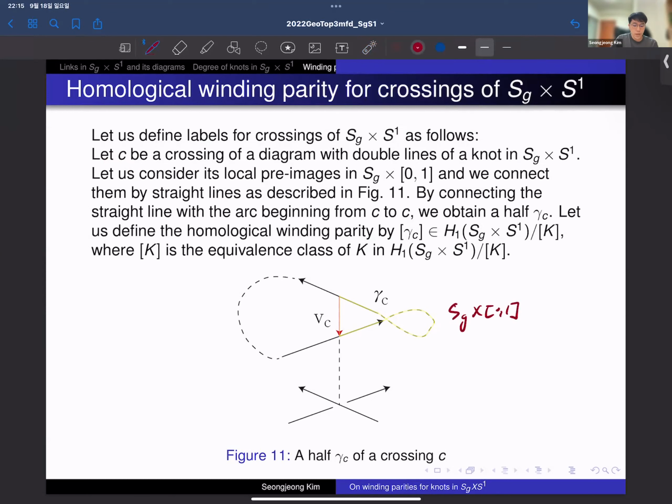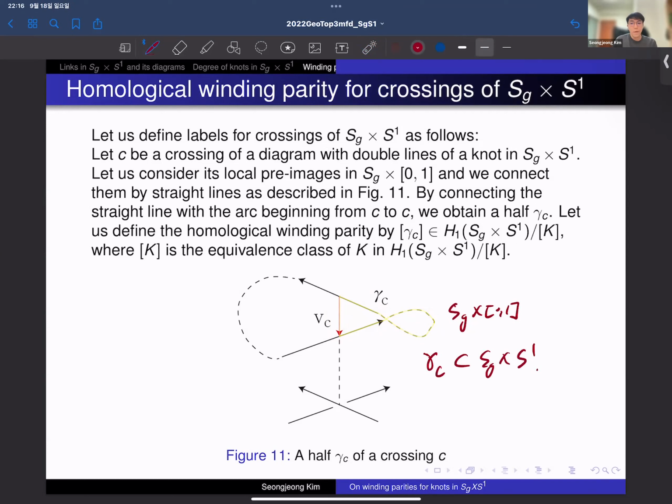Then we get two arcs with points which correspond to the crossing. We connect those 2 points by a vertical line v_C, and we take a closed curve starting from this point and ending at this point. Then we get a closed curve in S_g times S^1.